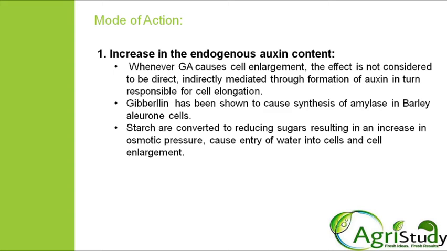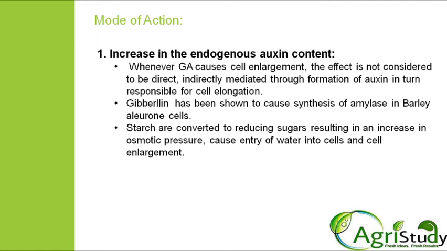Friends, look into this. Gibberellic acid is not individually responsible for the growth. Whenever a GA causes cell enlargement, the effect is not considered to be direct. It's indirectly mediated through the formation of auxin, which in turn is responsible for the cell elongation.